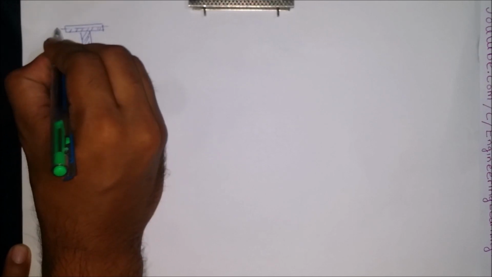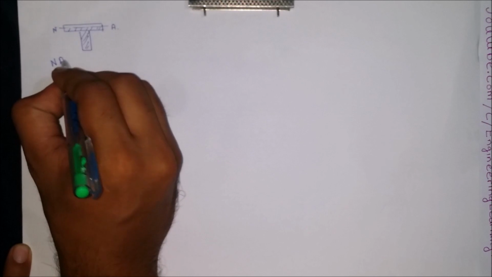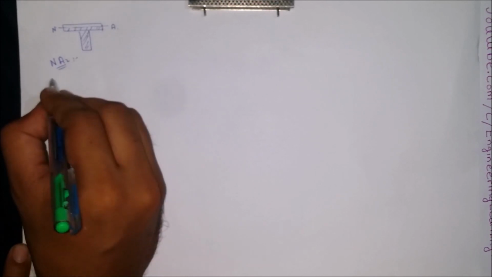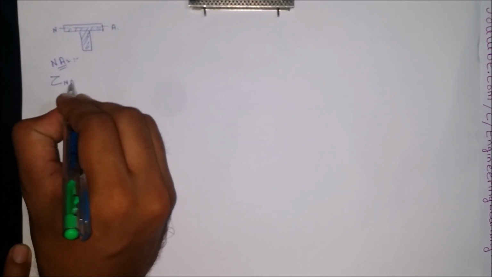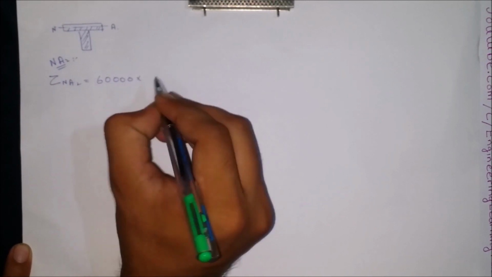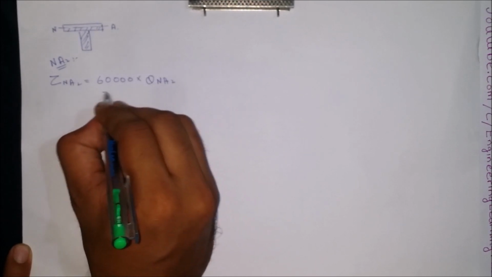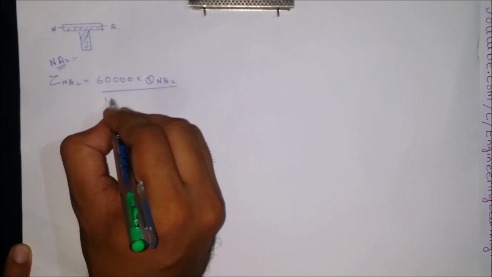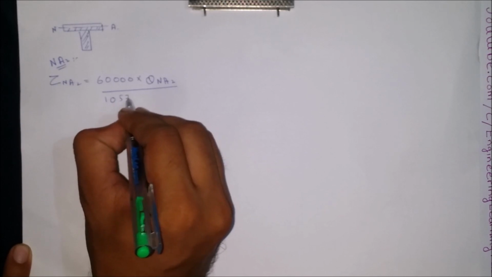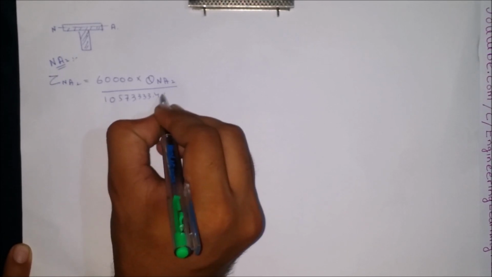Let's name this as tau NA2 is equals to 60,000, that was the applied force, which is constant for a cross section, into QNA2 divided by the moment of inertia, which is also constant for a cross section, into the thickness.